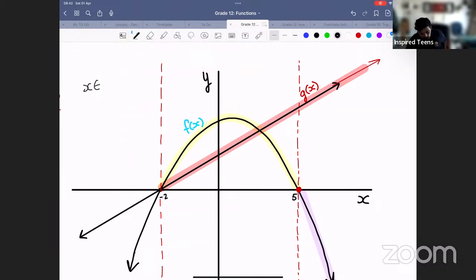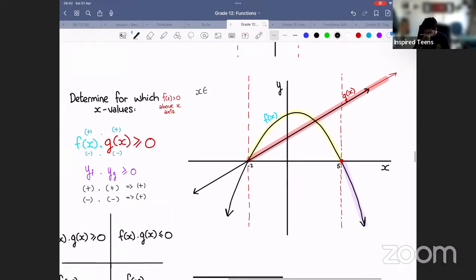What's the most left value of this interval, people? What's the most left value? -2. So I put it in.